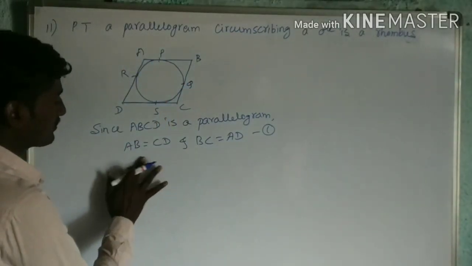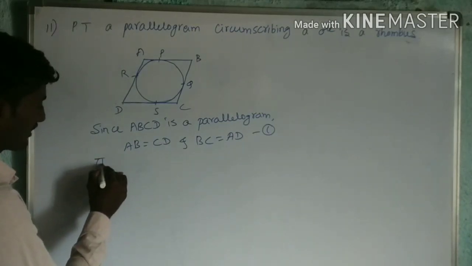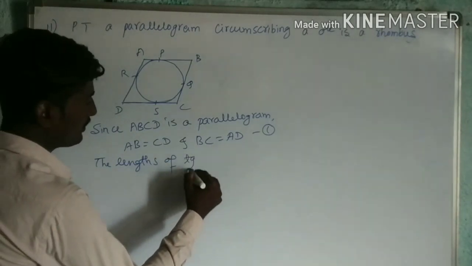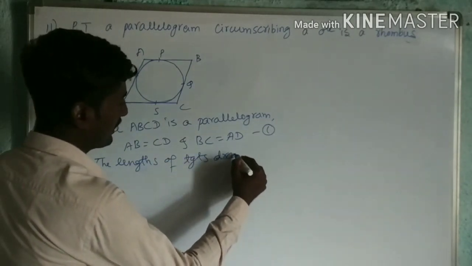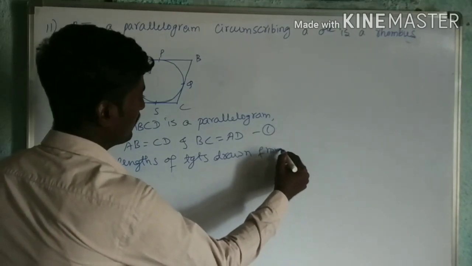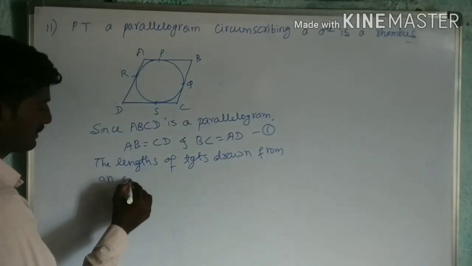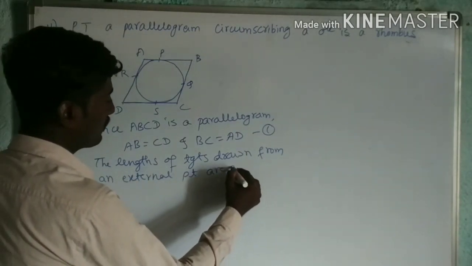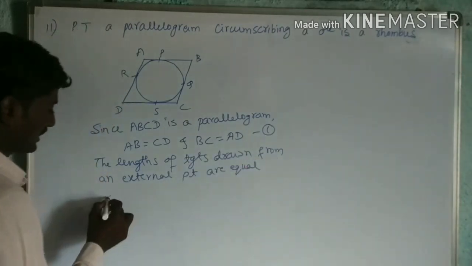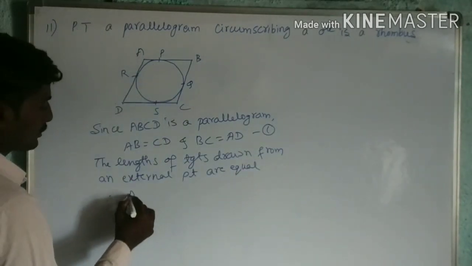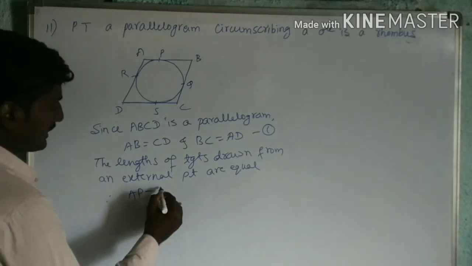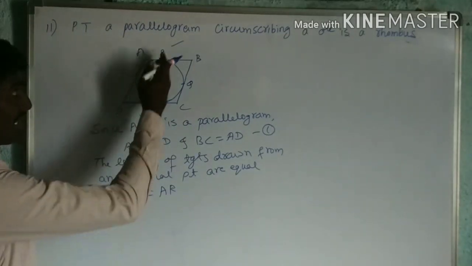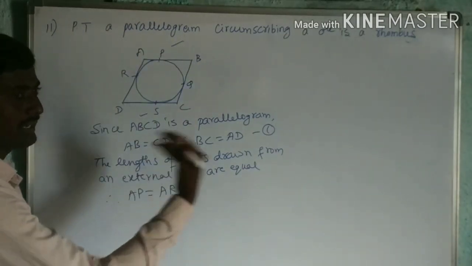The lengths of tangents drawn from an external point are equal, therefore I can write AP is equal to what? AR. I'll keep the left side as AB and CD, and the remaining on the right side.